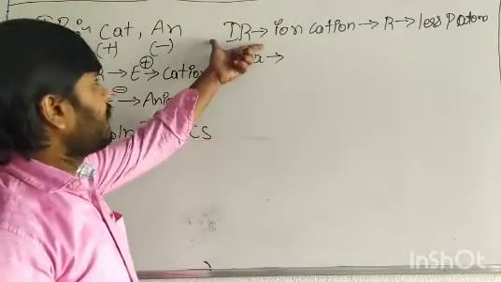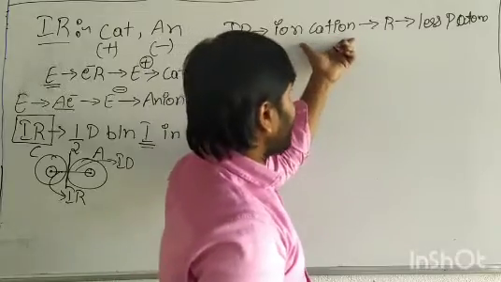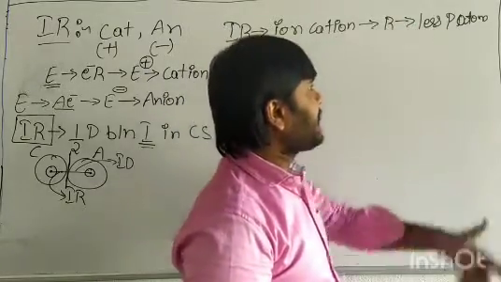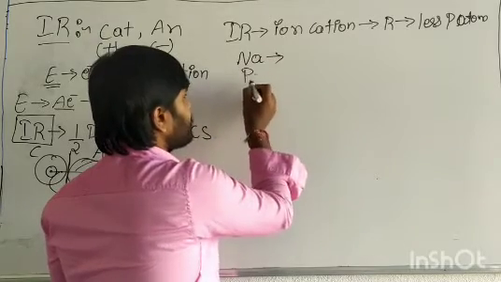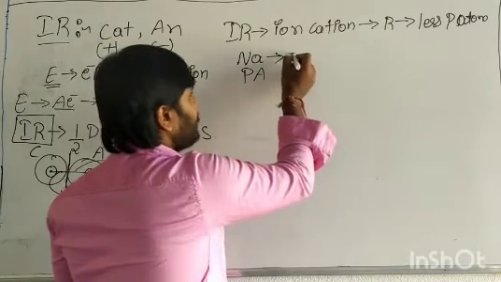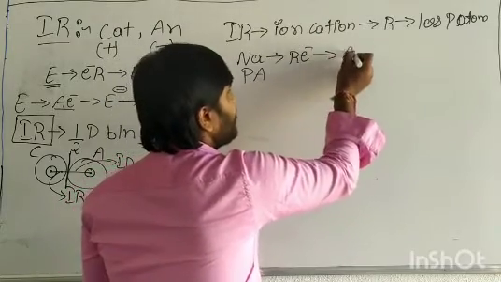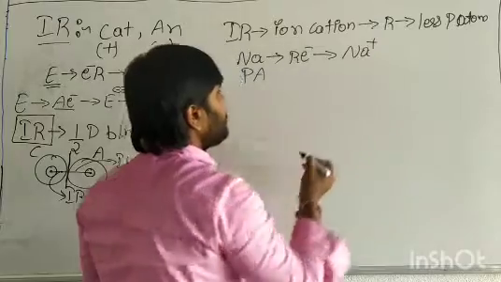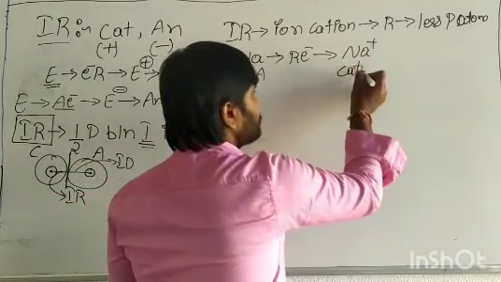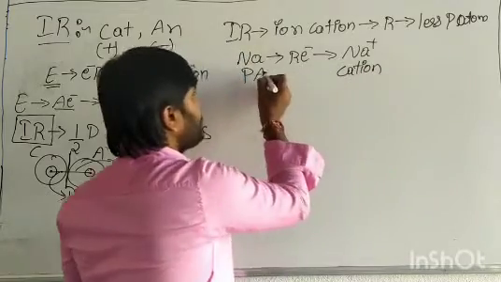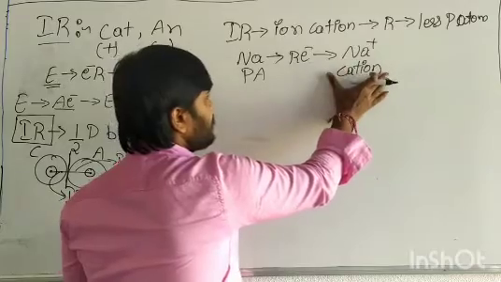If the ion is a cation, then the radius of this cation is less than the parent atom. Na is the sodium atom, called the parent atom, and we remove an electron to form a cation, that is Na plus. This Na plus is a cation generated from the parent atom sodium.